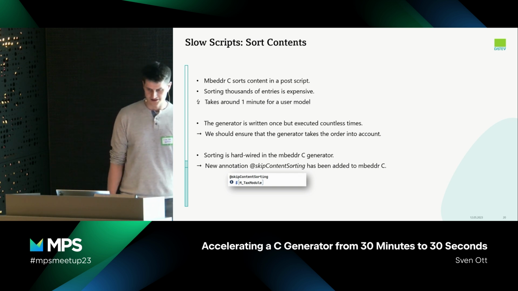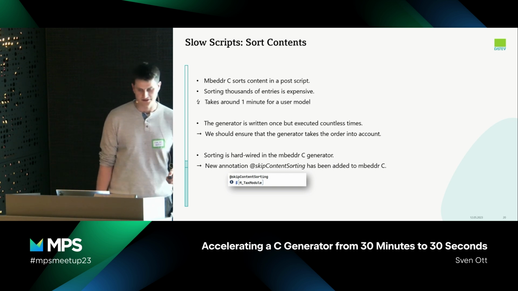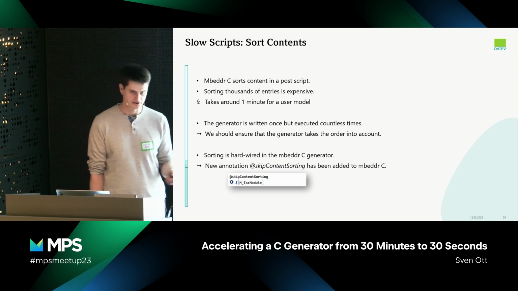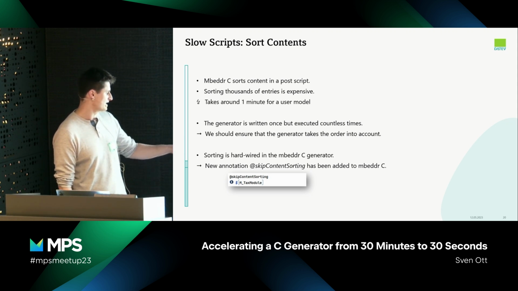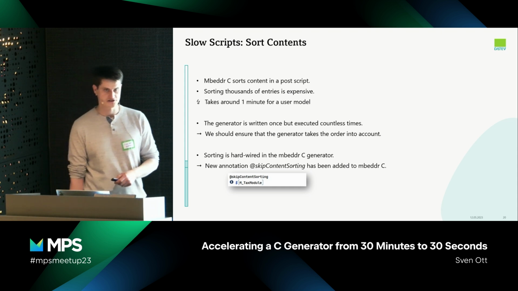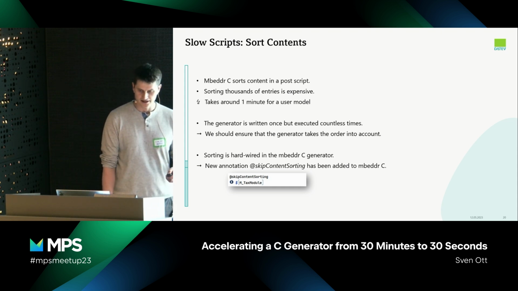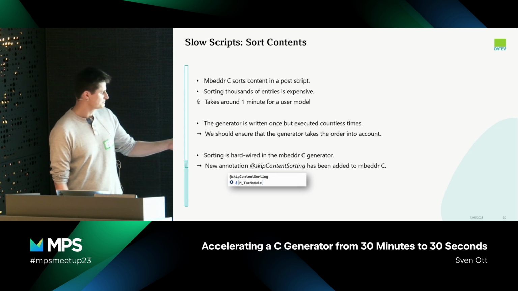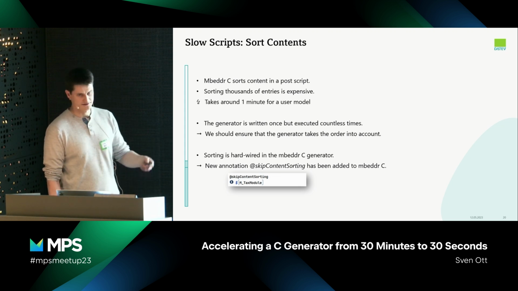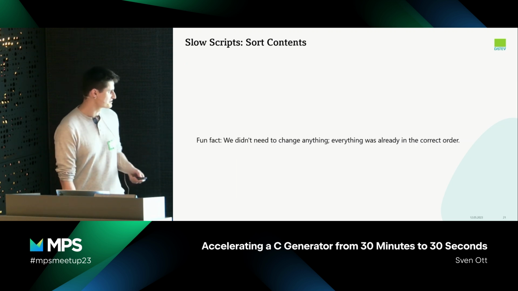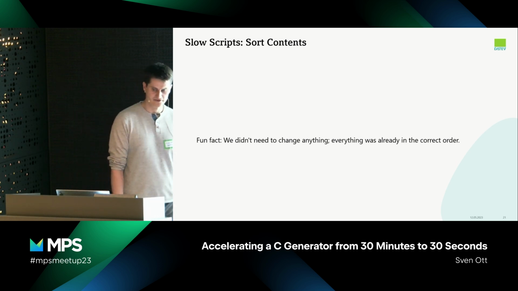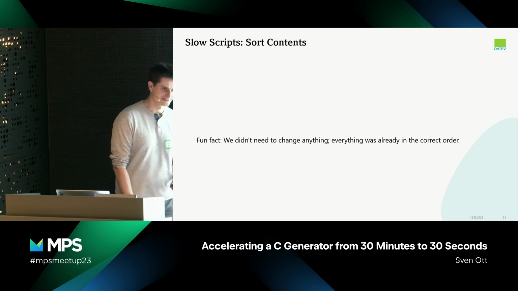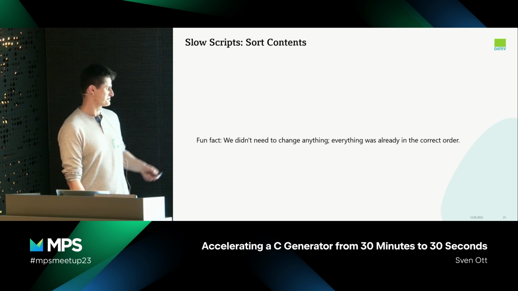So sorting was hardwired to mbeddr-C. So we requested a new annotation, which was implemented by itemis. And now you can add the skip content sorting annotation to your root node. And if you do so, the content is not sorted and you save some time. And actually the fun fact is that we didn't need to change anything. Everything was already in the correct order, which was really nice.